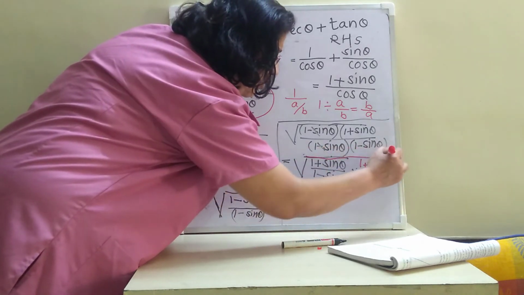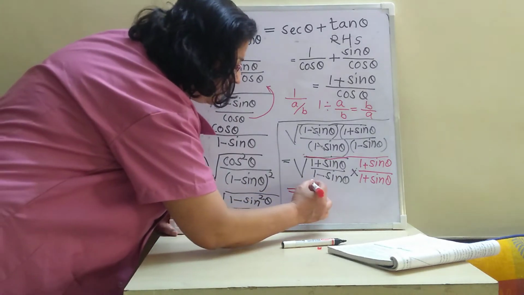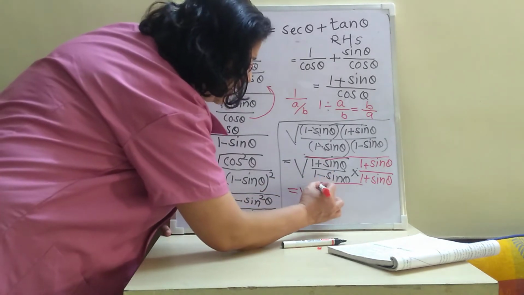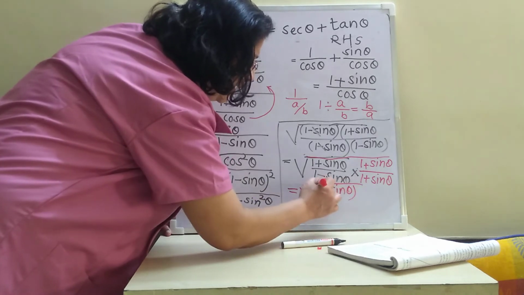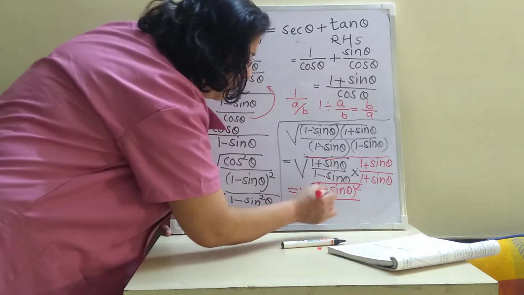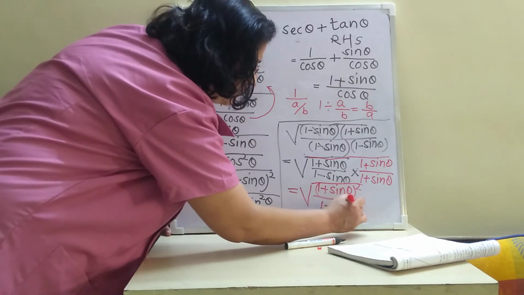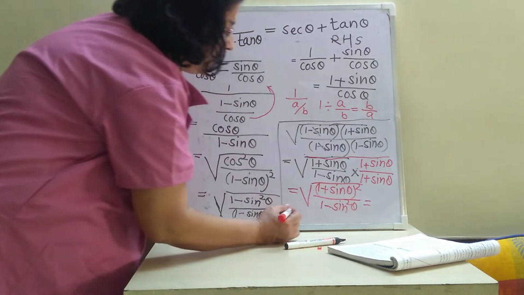This you need a lot of practice, and I told you, those who are interested, those who like to understand this sum, then solve. What am I going to get? 1 plus sin theta bracket square and in the denominator I am getting 1 minus sin square theta. Okay, now the space is over, so I am writing directly here now.